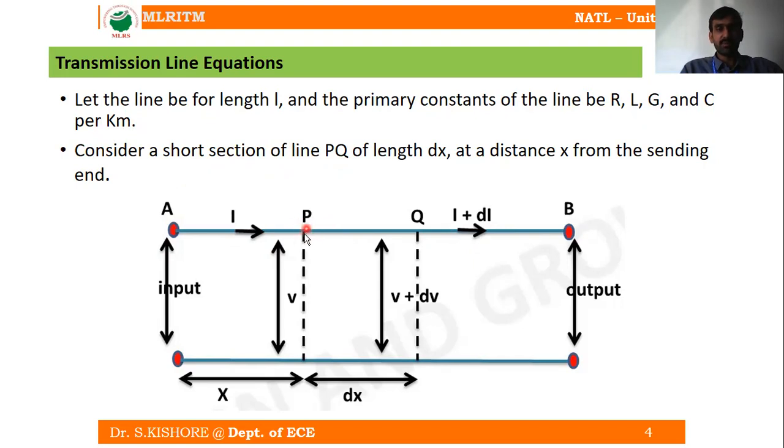Here this is the P and this is the Q. This short section PQ is at a distance of x from the input side, that is from the sending end, and this PQ section is of length dx.